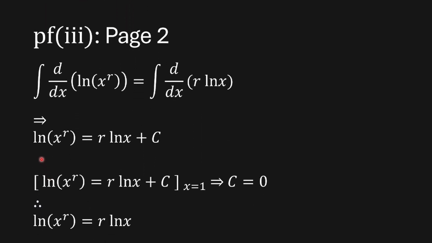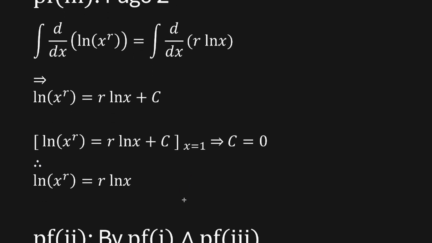Okay, well, this implies that ln of x to the rth power is equal to r times ln x plus c. Again, plus c is an issue. Let's evaluate this equality at x equals 1. And this will give us that c equals 0, so there's no problems with the c. Therefore, we can conclude that ln of x to the rth power is equal to r times ln x.